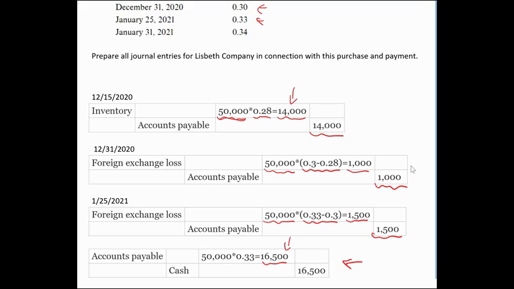It is because the exchange rate changed. Each shilling is now worth 33 cents, 5 cents more than the exchange rate on December 15th. That's why we recognize those foreign exchange losses on these two dates.